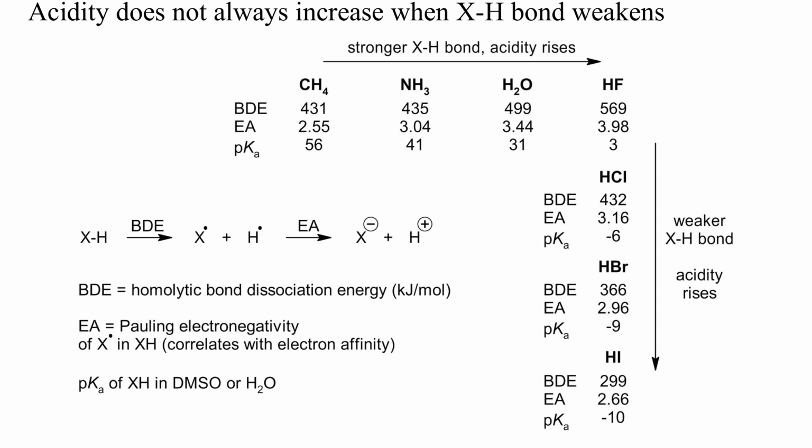When going from methane to hydrogen fluoride, the bond strength increases, but the electronegativity also increases, and hydrogen fluoride is the strongest acid, despite its strong hydrogen-fluorine bond. When descending from hydrogen fluoride to hydrogen iodide, however, the electronegativity drops, but because of the weakening bond strength, hydrogen iodide is a stronger acid than hydrogen fluoride.